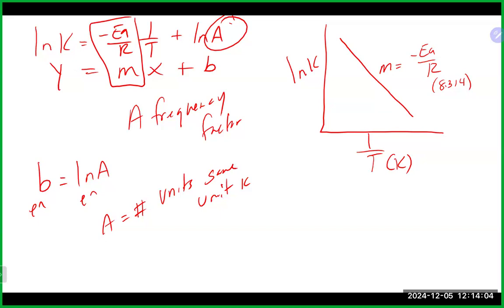Now, if you are not interested in graphing this, or maybe you only have 2 points that are technically on that line, you could mathematically calculate things like rate constants, temperatures, and activation energies.